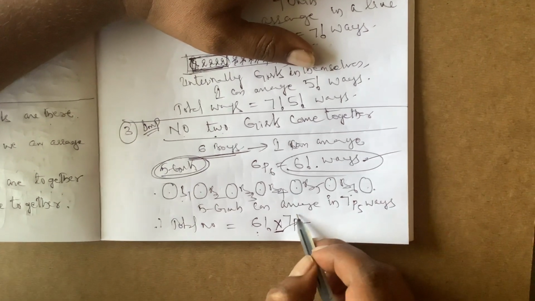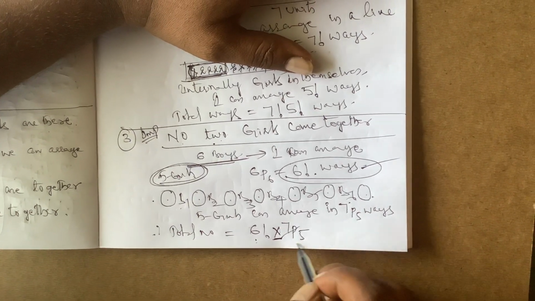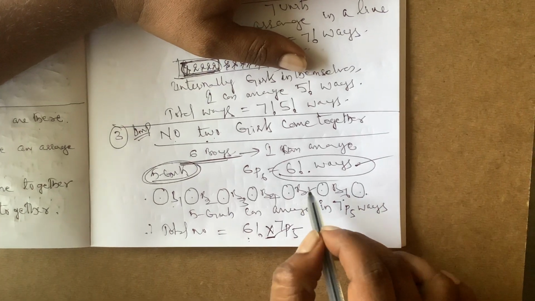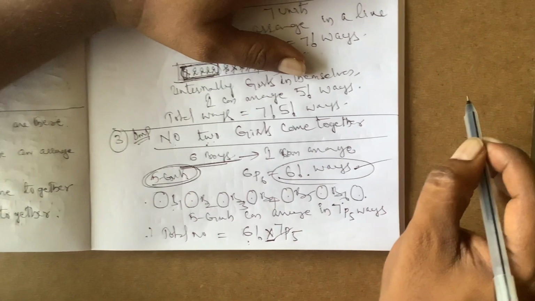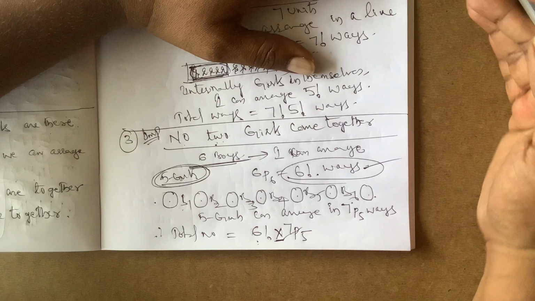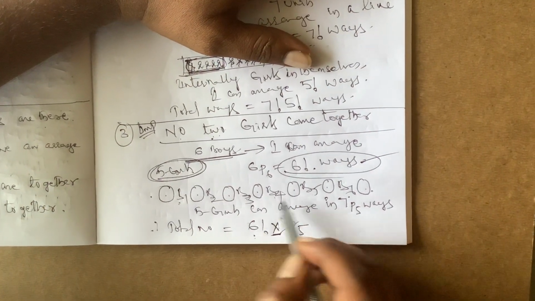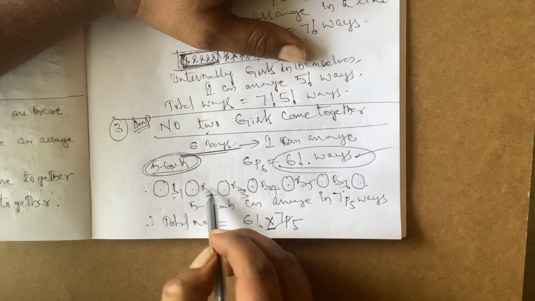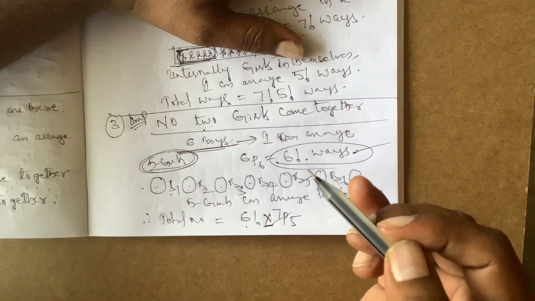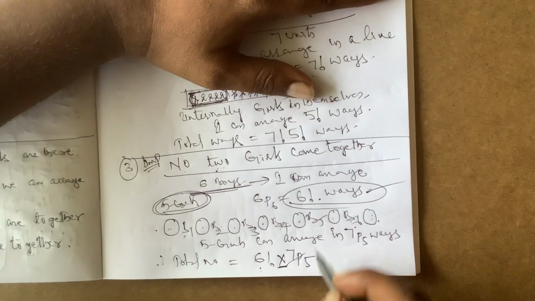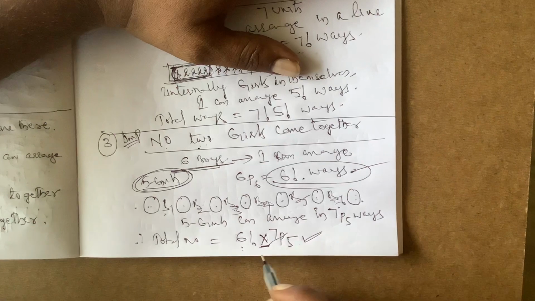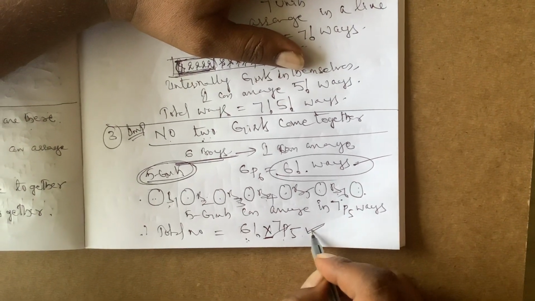Arrange the girls. How can I arrange the girls here? No two girls come together. So whenever no two things come together, first separate them, arrange the rest of the things, and between these gaps including the ends you can arrange those separated things. Therefore the total number of ways equals 6 factorial into 7P5.